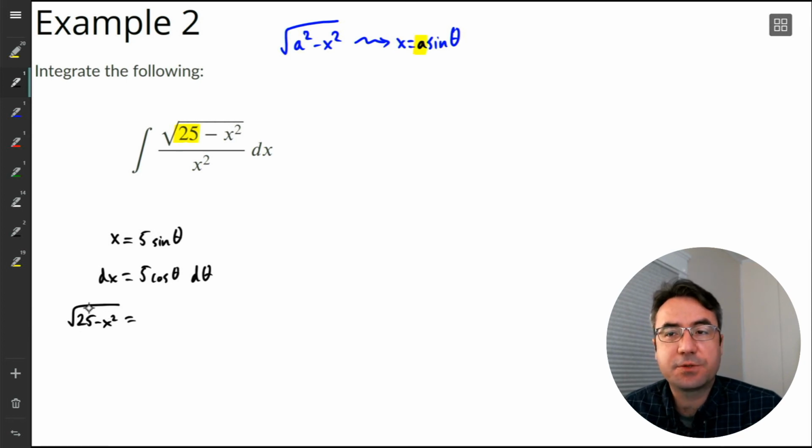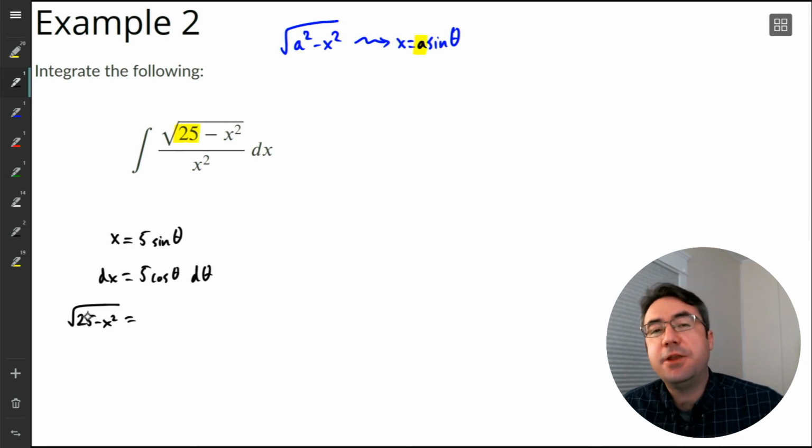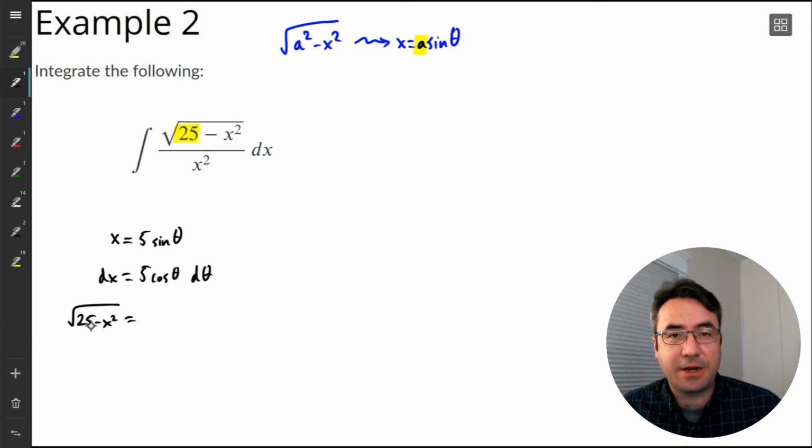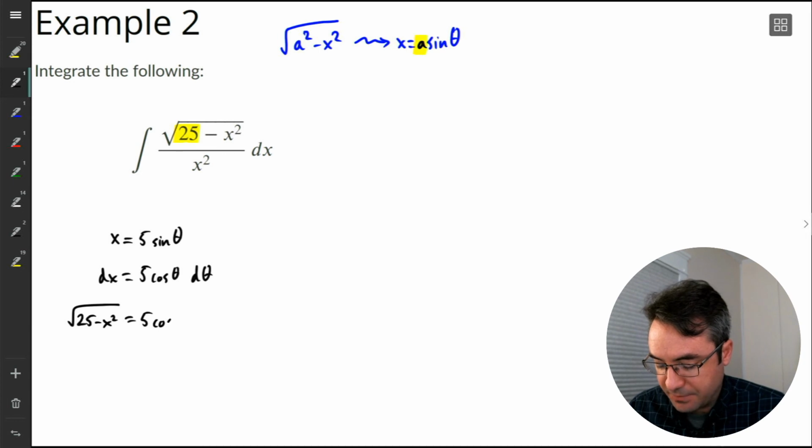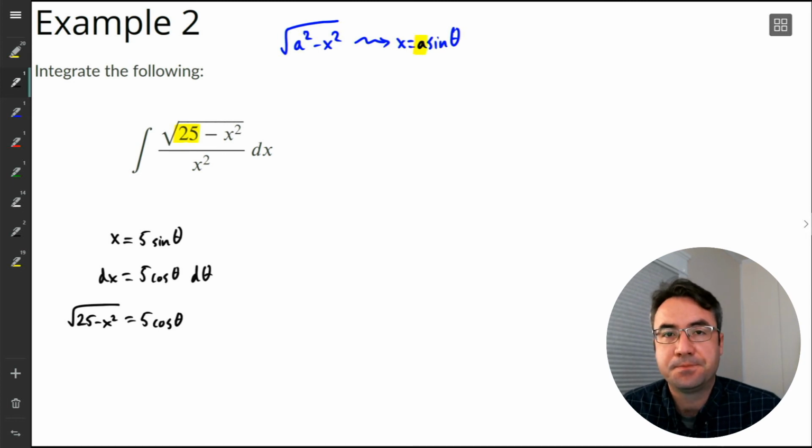And then what's the square root term going to become? You can work through all this. We did it a couple times yesterday, used some trig identities, simplified it down. But really, it's just going to become the opposite of our sine function. So this is just going to become 5 times cosine theta.